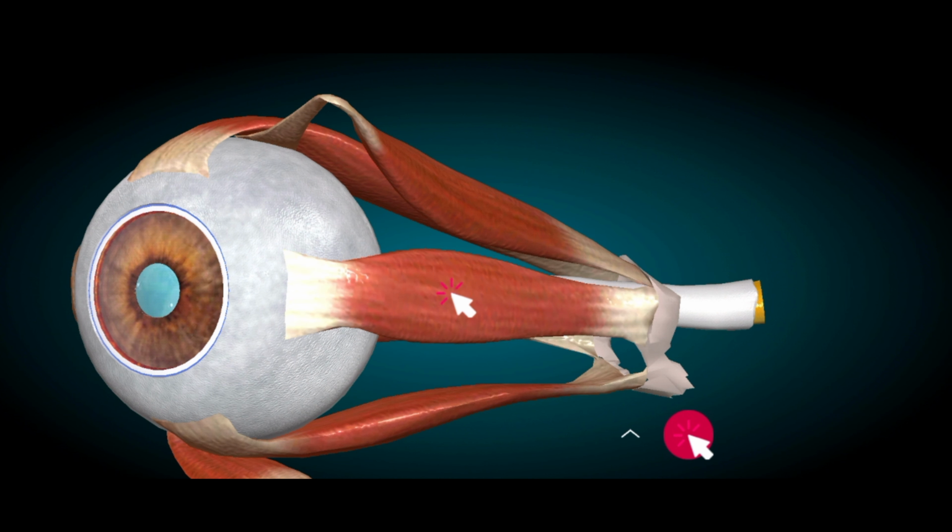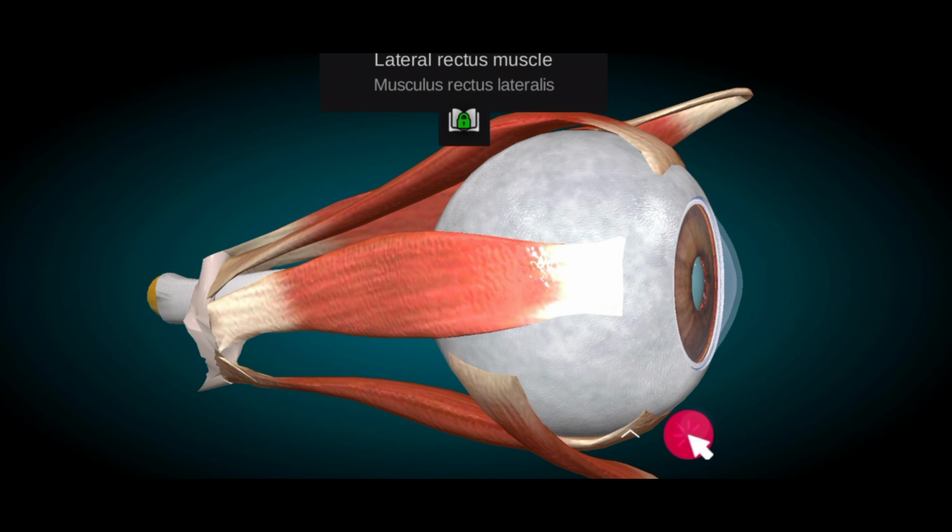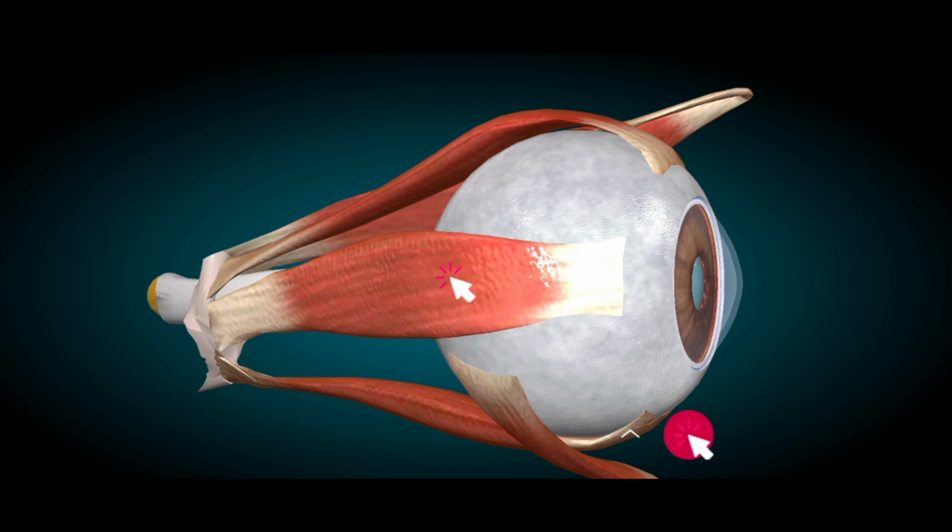It is located medially and is responsible for the medial movement of the eye, that means it helps to adduct the eye, whereas the lateral rectus muscle does the abduction of the eye.